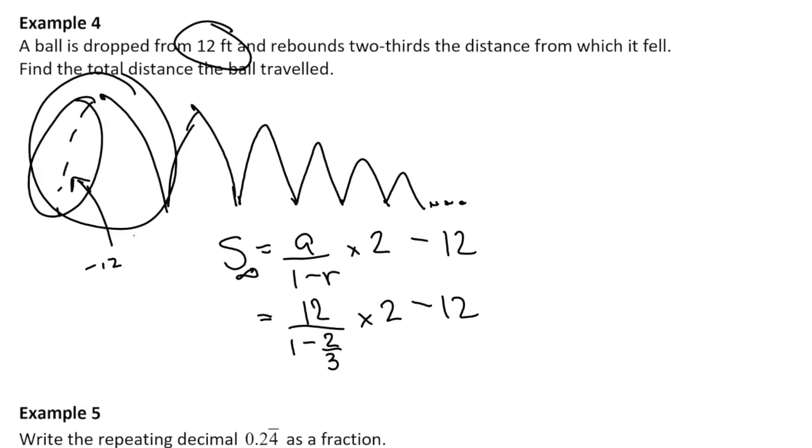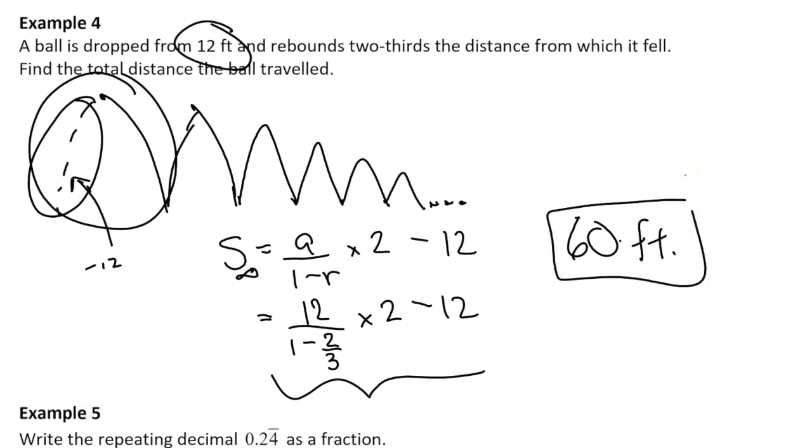So 36 times 2 is 72 minus 12. All of this should equal something like 60 feet. So actually, I would say for the actual computational part of this, using the infinite geometric series formula is going to be easier than using the geometric series formula.